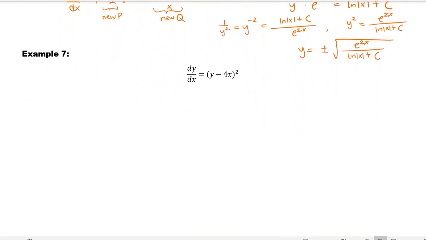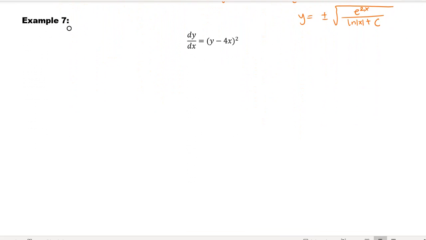Alright, let's continue. Example 7. Do you see the right-hand side is a composite function? We just let v be the inner function. Remember the 4 steps. First, let v be the inner function. Second, solve for y. Well, y is then v plus 4x.